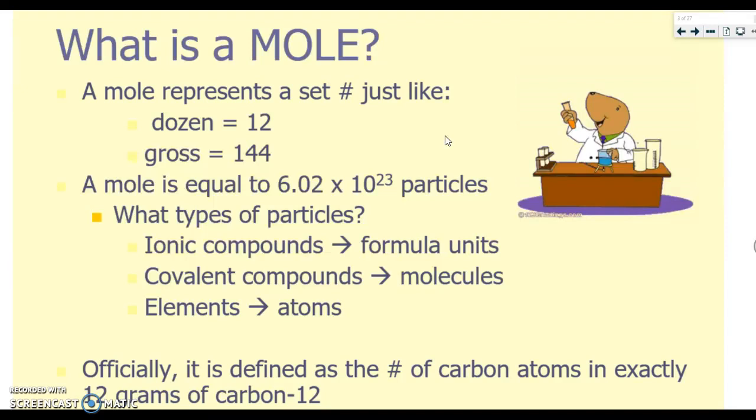You may also hear this number referred to as Avogadro's number because Amedeo Avogadro was the man that discovered it. We will be using this number as well as some other molar constants to solve mathematical problems.